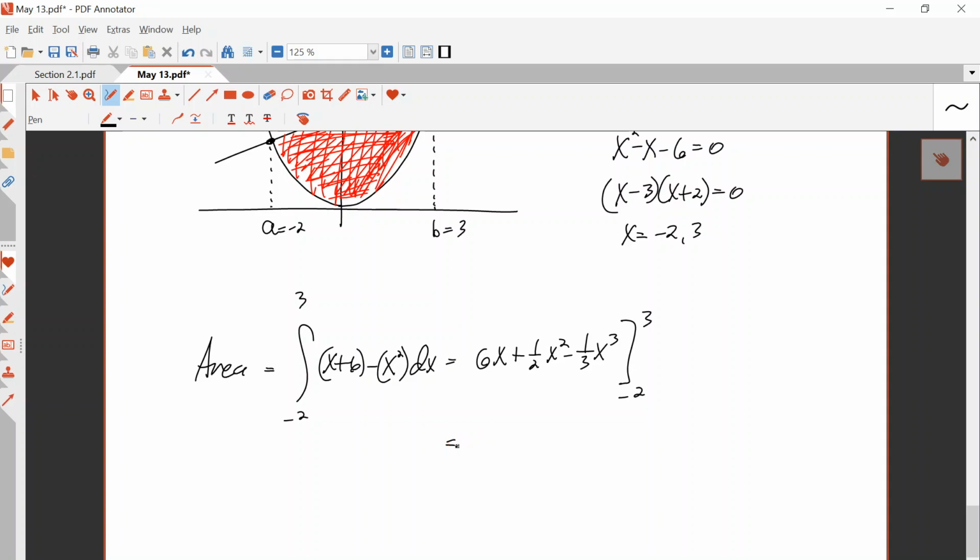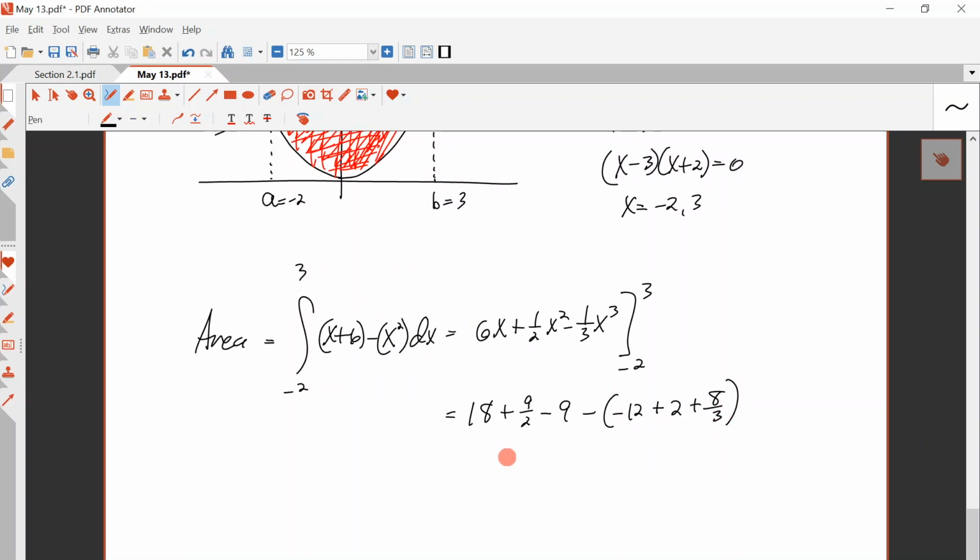So we've got, at 3 we've got 18 plus 9/2 minus 9, minus, at negative 2, it's minus 12 plus 2 plus 8/3.